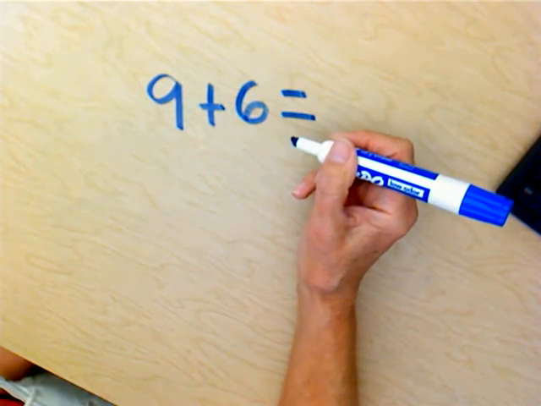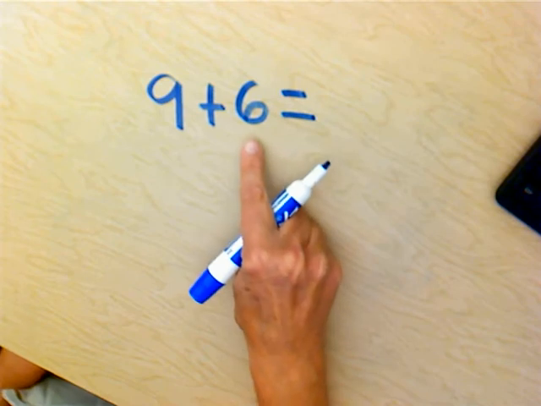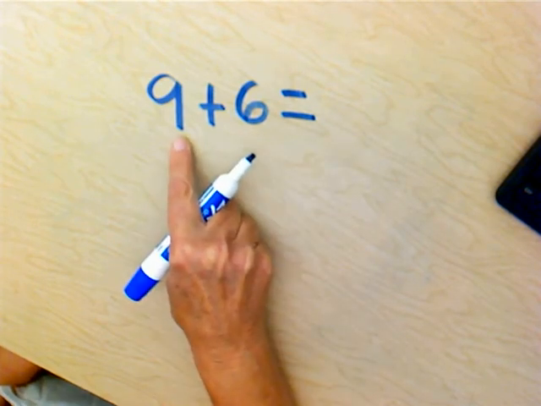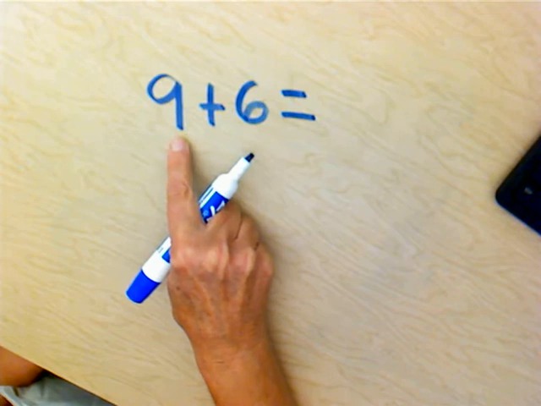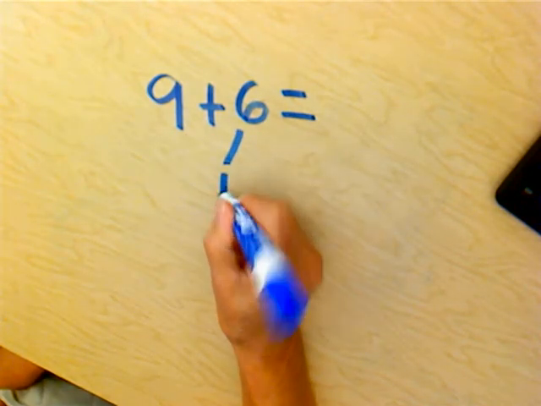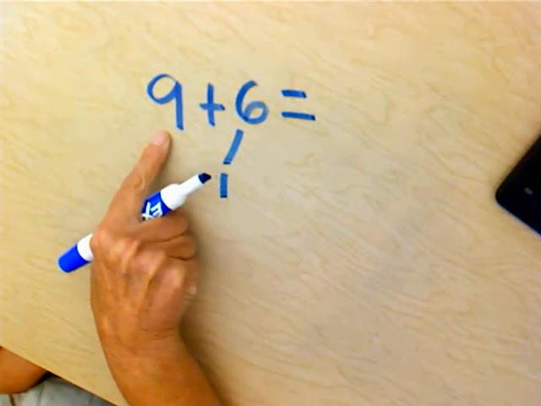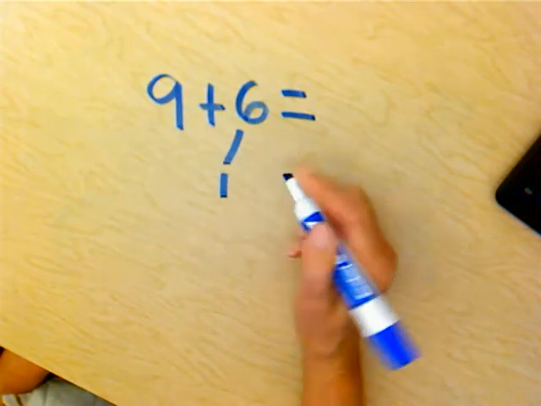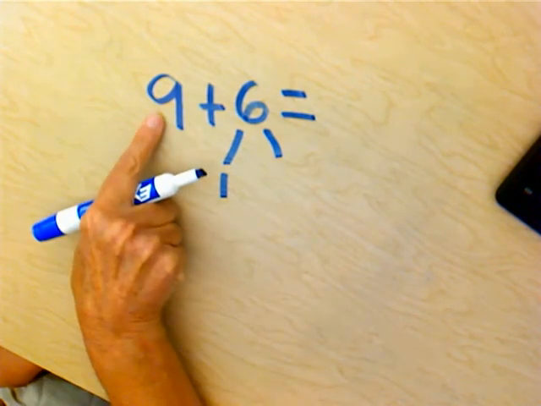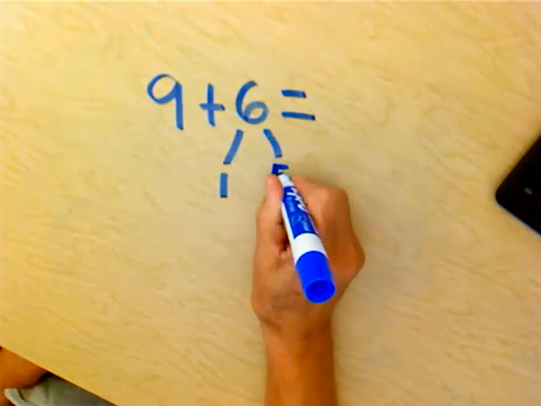What I am going to do is break apart. I'm going to ask myself, how much more would it take to make that 9 a 10? Does it take 1 more to make that 9 a 10? Well, it does. So I'm going to break my 6 apart into 1, so I can add this to get 10, and that leaves 5 more.